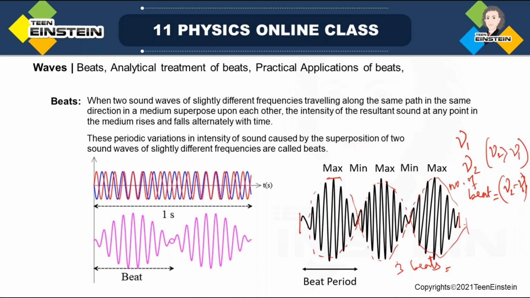I'm sorry, this is not the number of beats, this is the frequency of the beats. The difference between the frequencies will give you the beat frequency. Since it is a periodic variation, it will have its own frequency, called the beat frequency, and the period, which is the reciprocal of the beat frequency, is called the beat period.